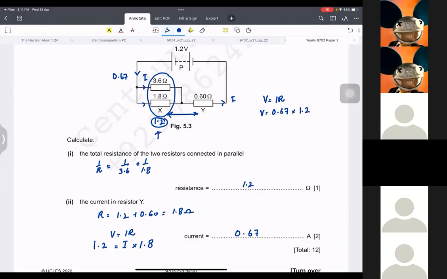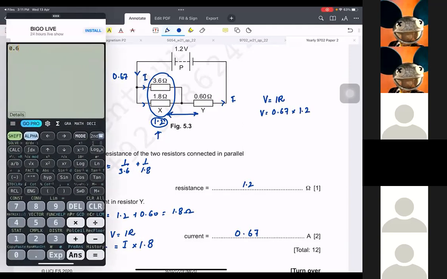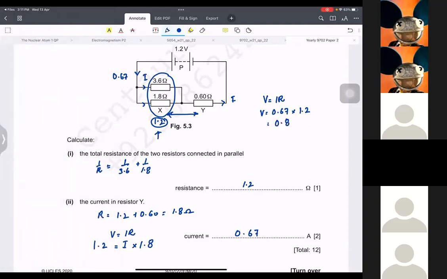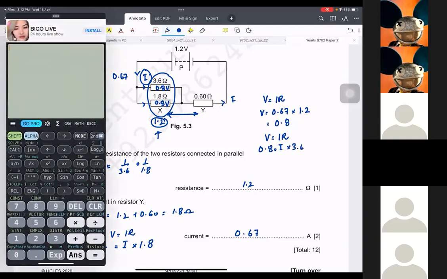So I do 0.67 times 1.2. This gives me the voltage this section receives, which is 0.8 volts. This receives 0.8 volts because they're in parallel. Now find the current. We use V is equal to IR. I want to find the current in 3.6, so 0.8 divided by 3.6 is 0.22.